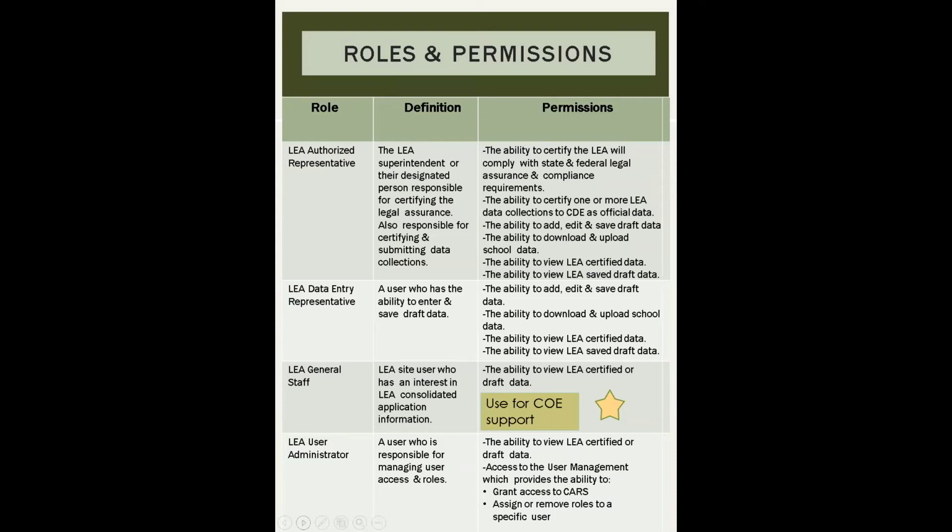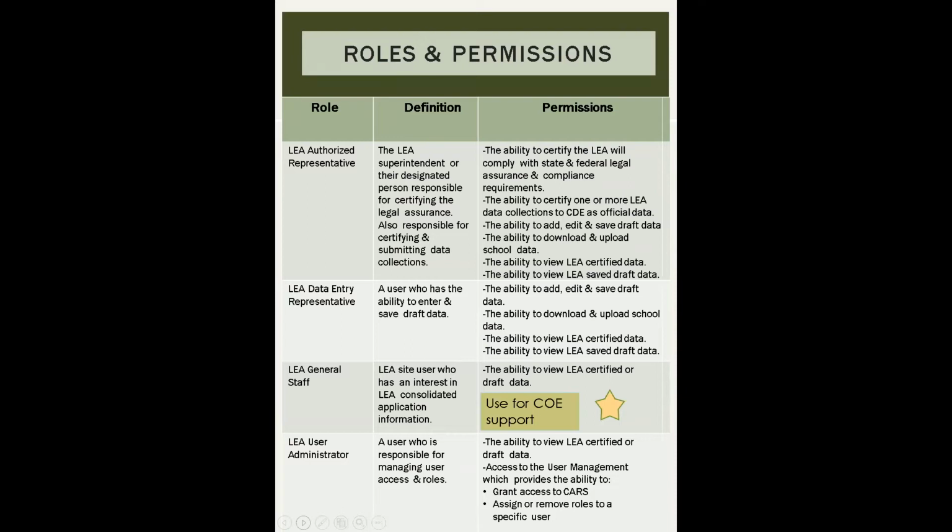The general staff role is for those staff who are not really working in the system, but you want to provide them with the ability to review certified data or draft data. They can go in and look, but they can't do anything. And you see the note there, it says for county office support. If you need support from your county office or any other support provider, this is the role you'll want to give them, because you don't want them in there messing around with your system.